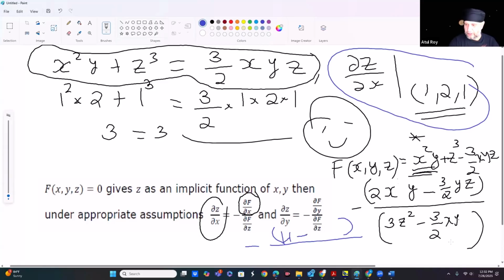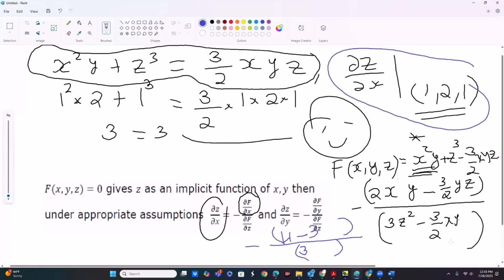Minus 3 over 2 yz. So y is 2, so the 2s will cancel, and that will be negative 3. And z is a 1. I'm just substituting verbally here. Then 3z squared is what? 3. And then what do I get?